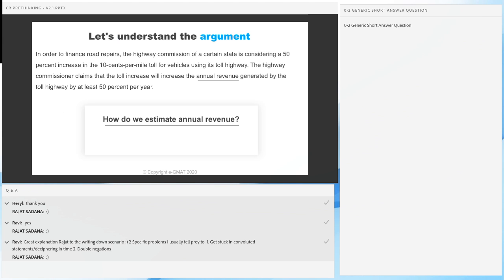So my question is, how do we estimate annual revenue given this argument? What's the formula for annual revenue here? Okay, someone says number of trips made on the toll highway. Where do we see trips here?